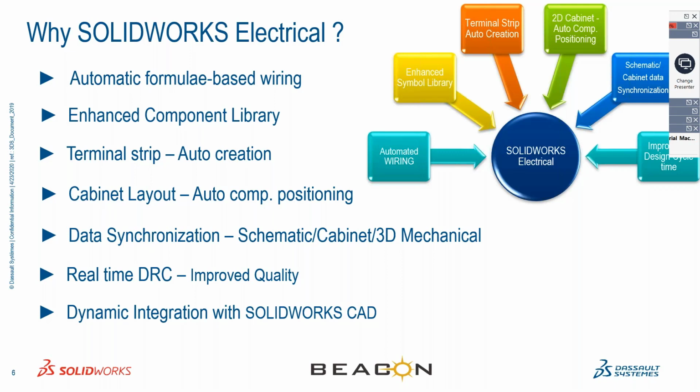And then comes the real-time DRC check, which looks through the schematics to see whether the design rules that electrical engineers look for are maintained, so that there is less rework, where you get to know where the errors are, so that you can cross-check and correct them. Then comes the dynamic integration with the mechanical CAD, that is, how electrical integration with CAD makes it easy to get the products done.